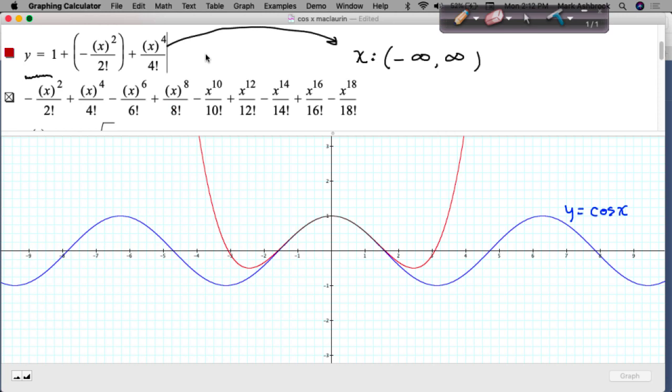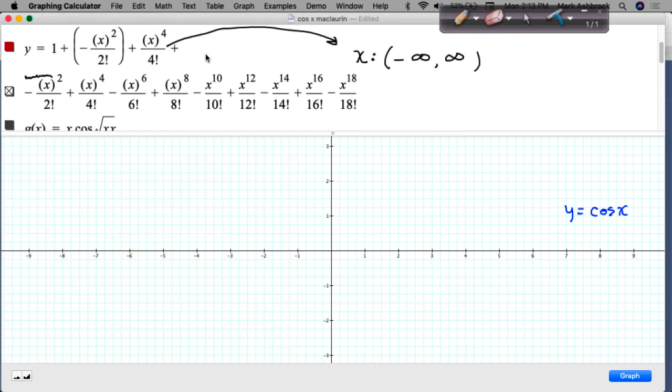Is it all correct but too high, and then it's slowly coming down and converging by coming down onto cosine x? Does it get it right at the ends and then work its way to the middle? How does it get it right as we add more terms? Right, from the inside out, right?